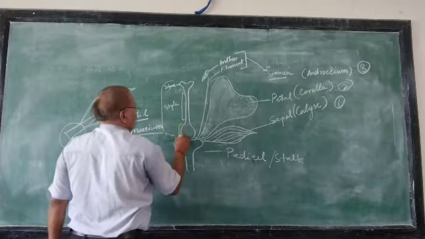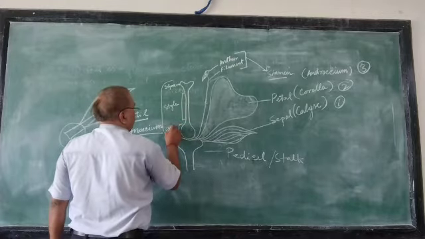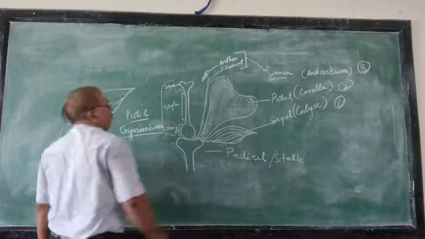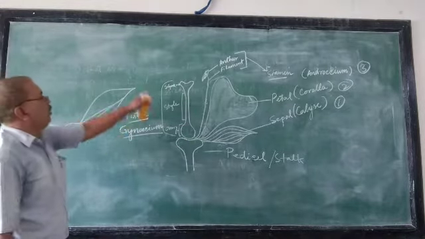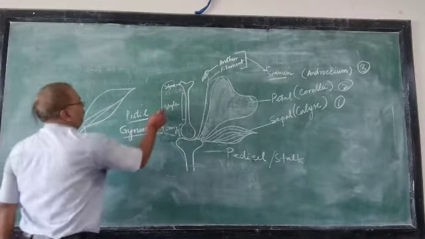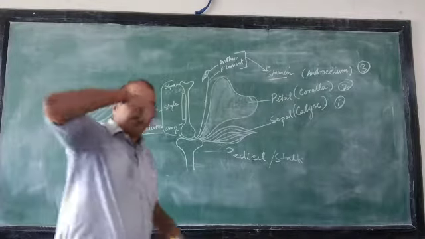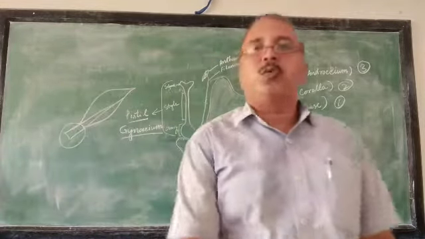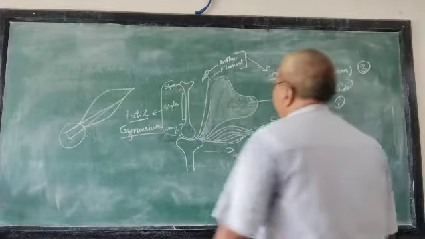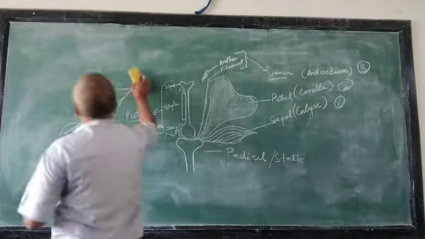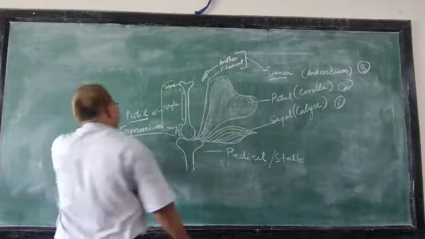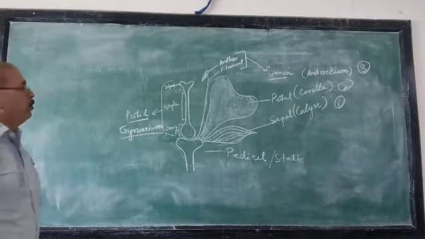And this part is known as ovary. And all these three parts together make the pistil, one pistil, and the word for the circle of the pistil is gynoecium. Is that clear to all of you? So these are the four parts of the flower, right?